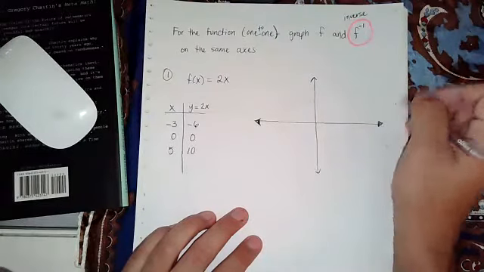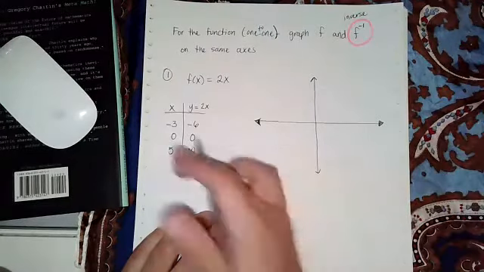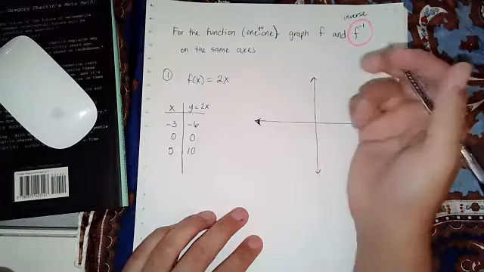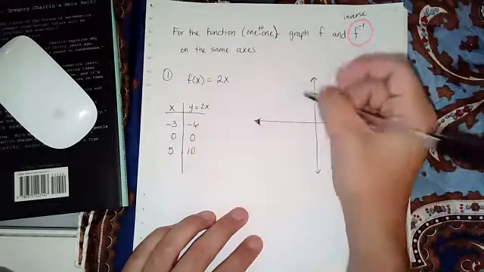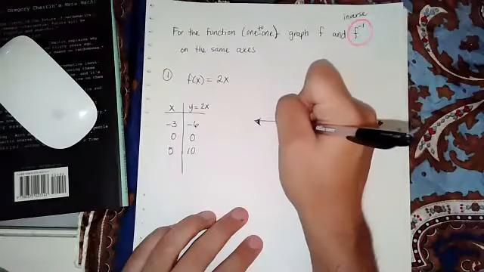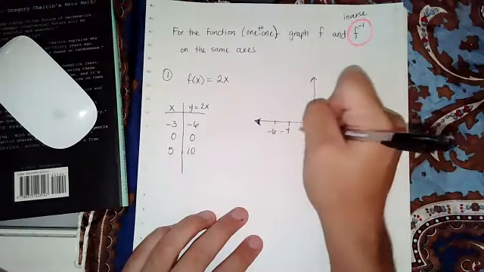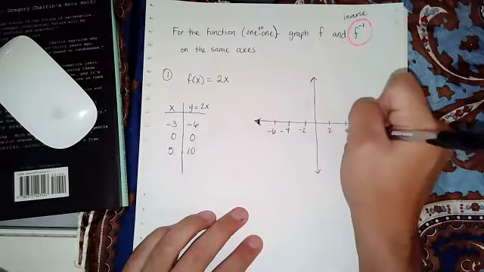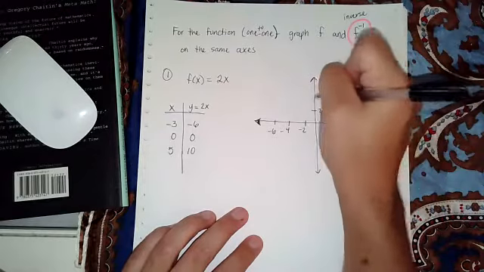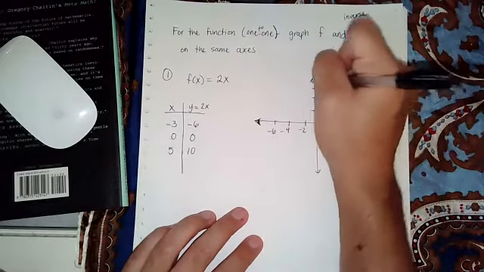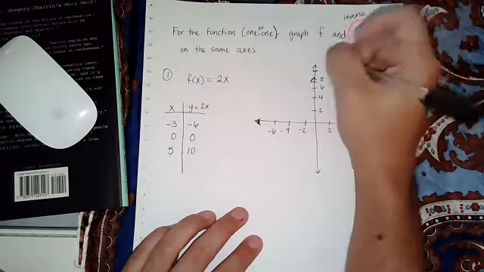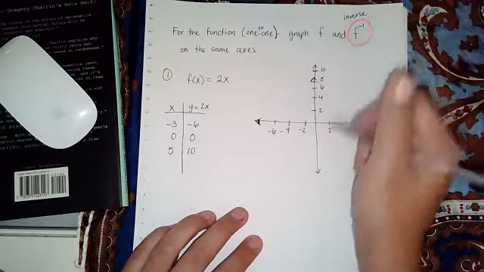Okay. Now that we have ordered pairs, we can go ahead and plot the x and the y pairs. So maybe I'll count by 2s because my outputs are sort of big. So I'll go 2, 4, 6, and this is in the negative direction. I'll go 2, 4, and 6 in the positive direction. 2, 4, 6, 8, and I need a 10. So thank you, whoever gave me 5. Just kidding.